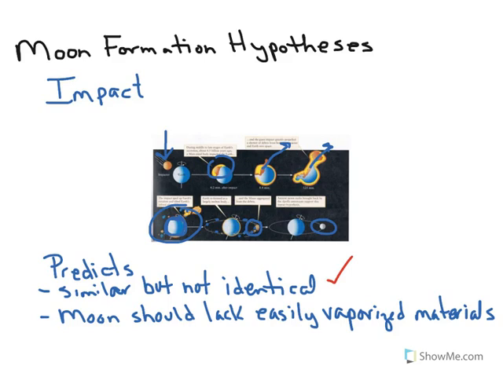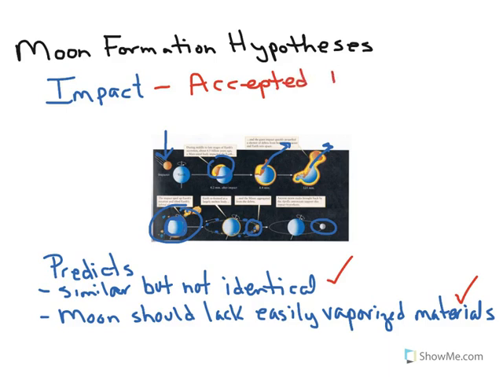And looking at the abundances of different materials, the moon has a large percentage of materials that survive high temperatures and has a definite lack of materials that vaporize easily. And so, because of our evidence from the moon landing, this hypothesis that wasn't taken seriously originally is now our accepted theory.